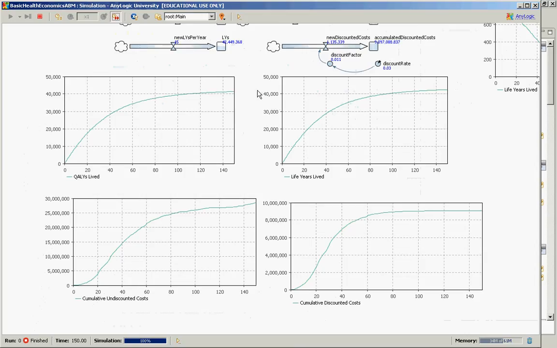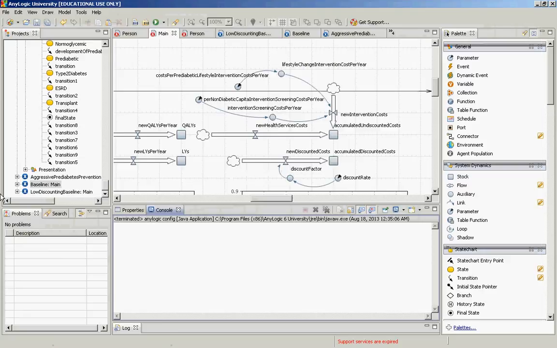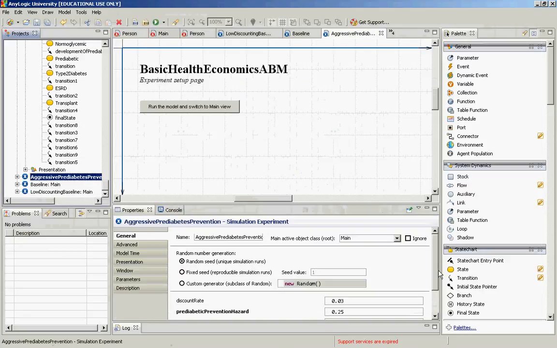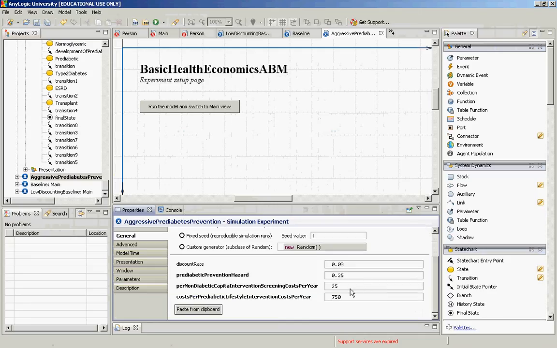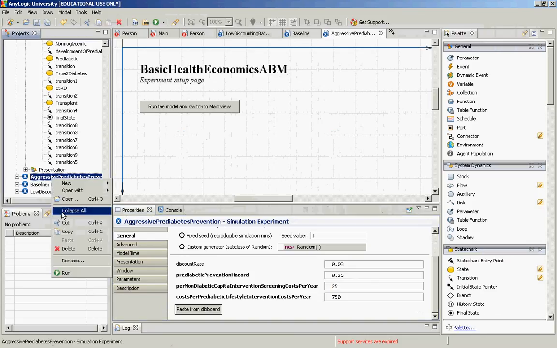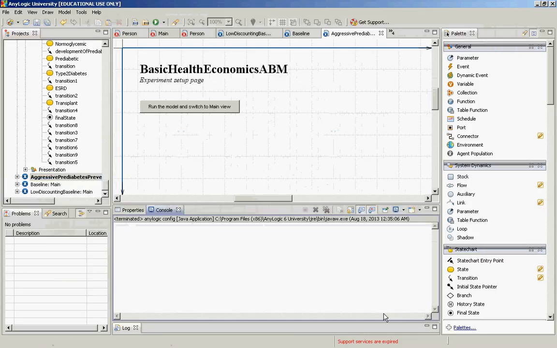Okay, let's go look at aggressive prediabetes prevention. We had posited that this secures a 25% chance per year that you're going to prevent people from going on to diabetes. And now we've imposed these costs. We're preventing people from going on to diabetes, and we had actually achieved quite a reduction in cost because of that before.